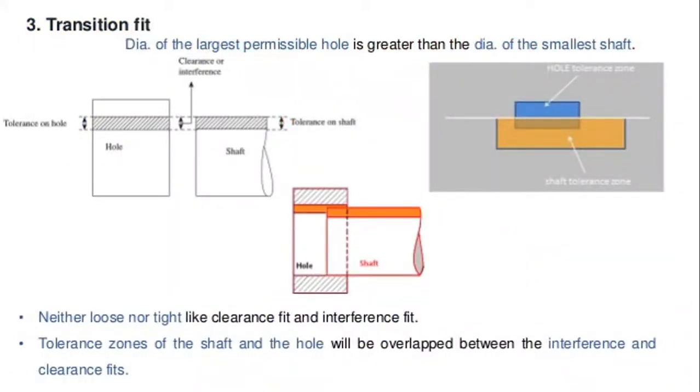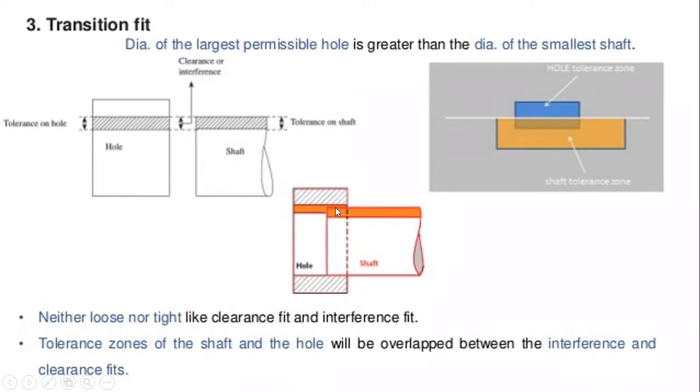The diameter of the largest permissible hole is greater than the diameter of the smallest shaft. The upper limit of the hole is greater than the upper limit of the shaft.